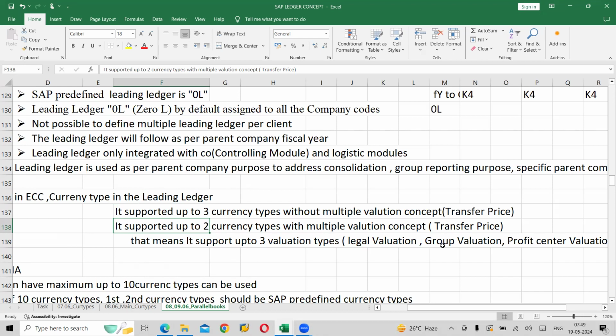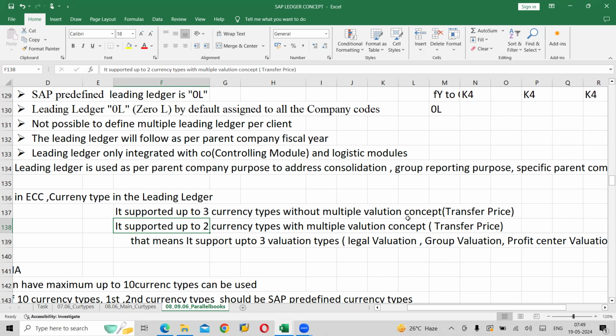So that means we are using legal valuation because of third party postings and intercompany transactions in the previous configurations we have done in FI and profit centers. That's the reason we have taken only 2 currency types. If you are using the multiple valuation concept, it will support only 2 currencies.